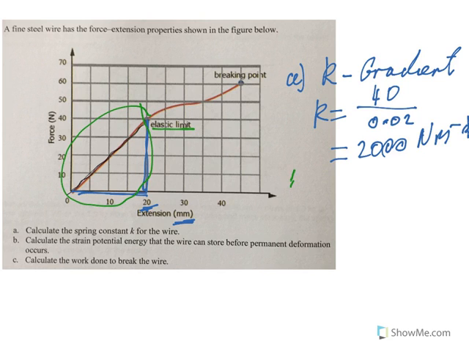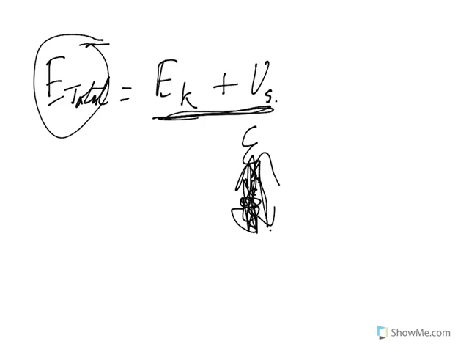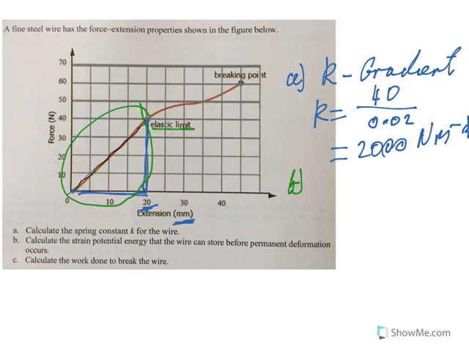So for B, if we go back here, remember 2 steps back, here we are, spring half kx squared. So our spring potential, half times 2,000 times x, and the extension there is 20 millimetres, so 0.02 squared. And then we figure that out using our calculator.